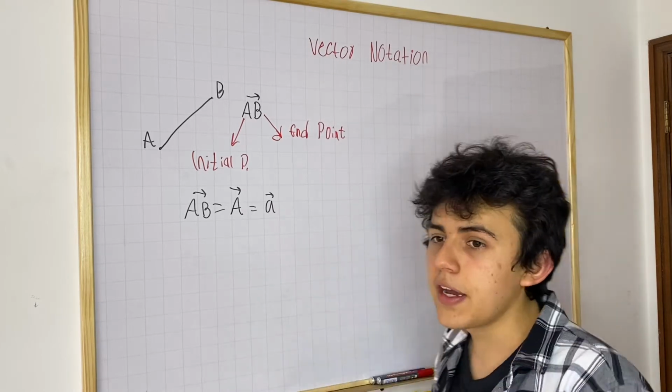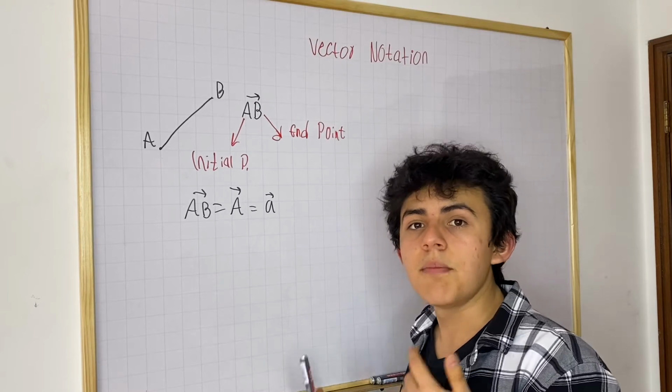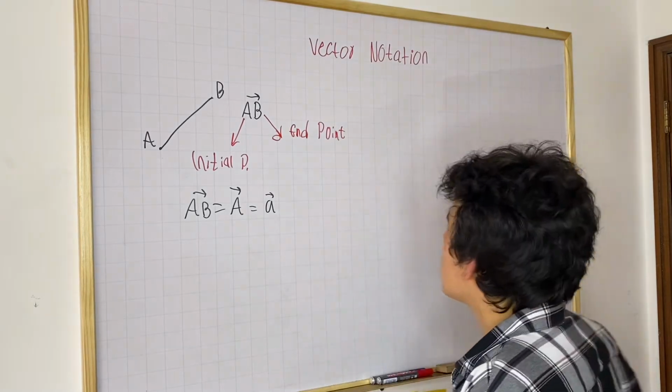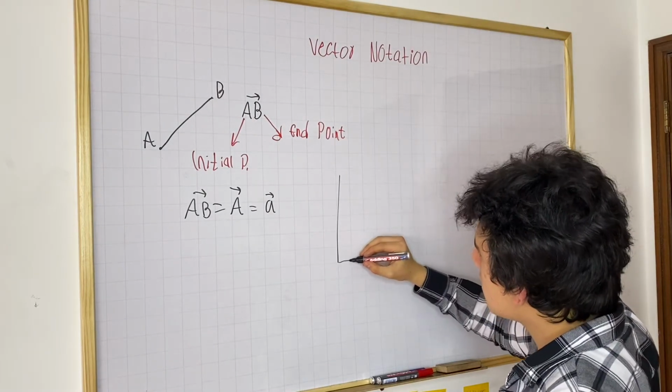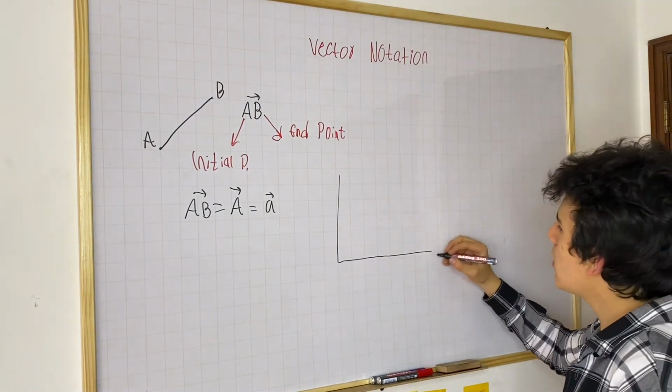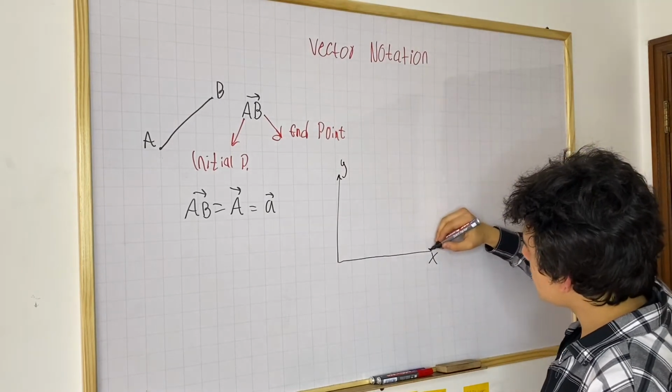Now, how do you compute, for example, the magnitude of a vector? This is pretty cool. If we have a plane of coordinates, for example, like this one, with x and y, you guys know how it goes.